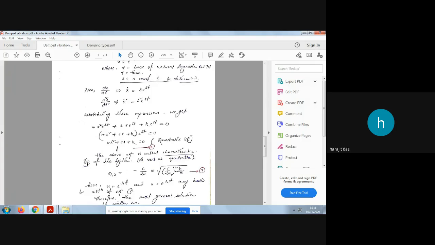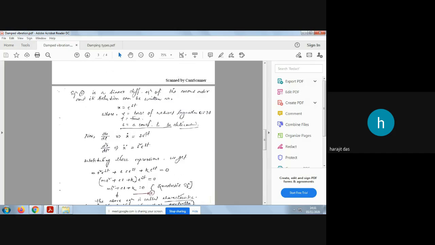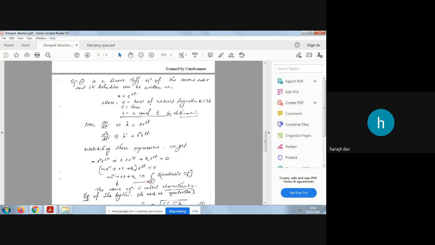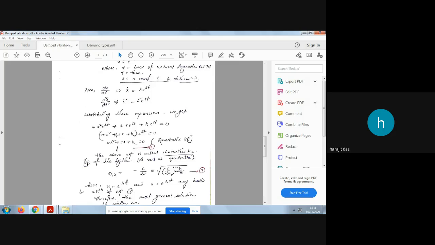Because e to the power st has some definite value. We have assumed the solution to be x equals to e to the power st, and it should not be equal to 0, because x is the displacement. So there is a finite displacement value, so e to the power st will have some finite value. That is why the bracketed term must be equal to 0.